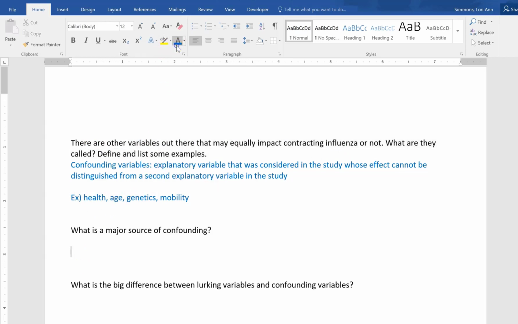What is a major source of confounding? A major source of confounding are lurking variables. Think of them as kind of like hanging out in the background, but not being paid attention to.